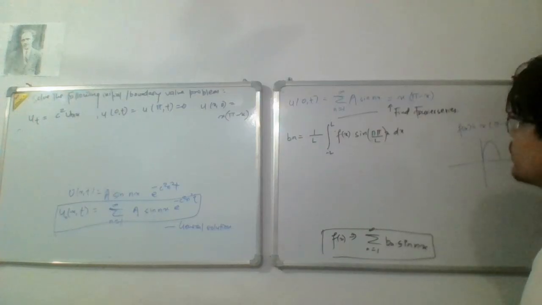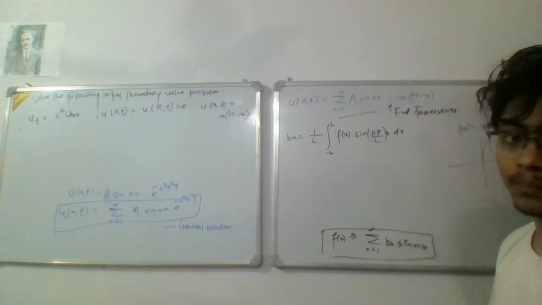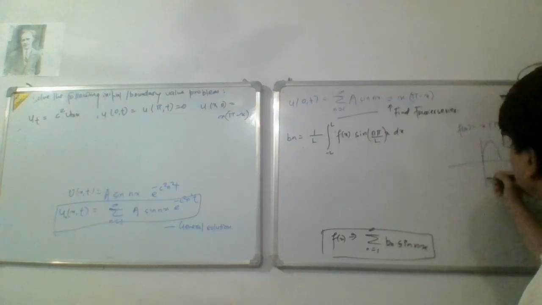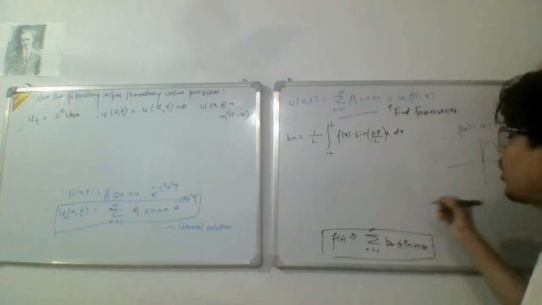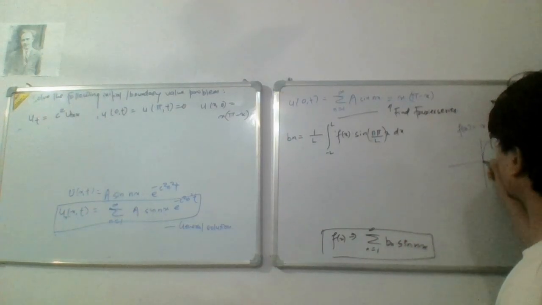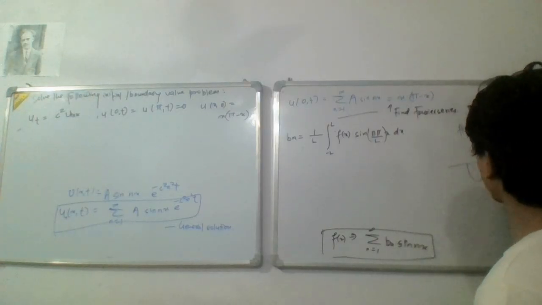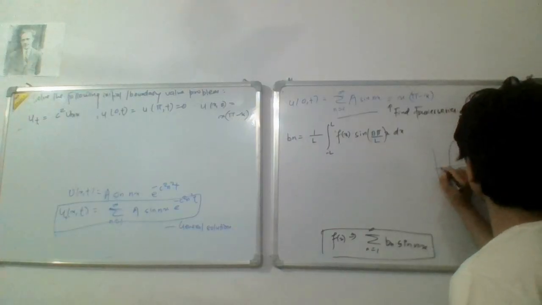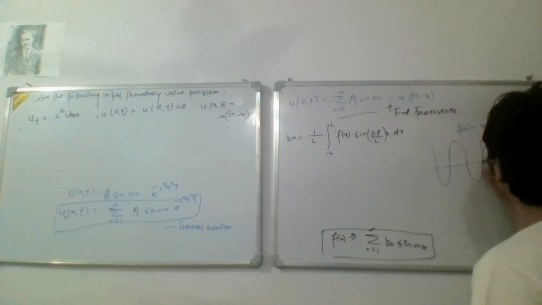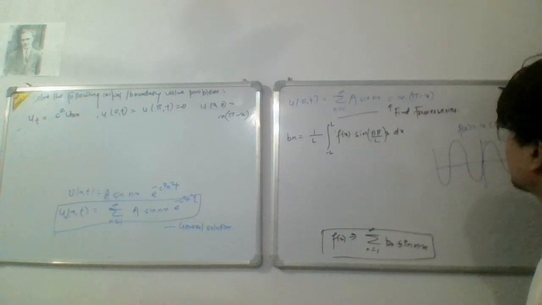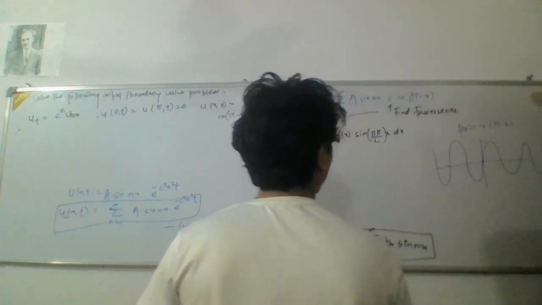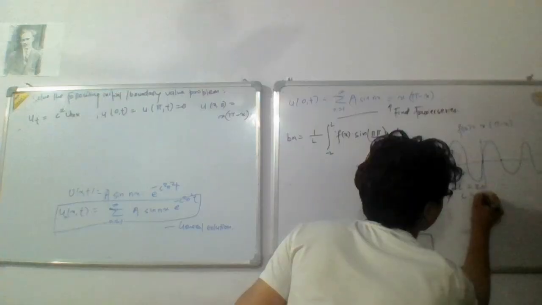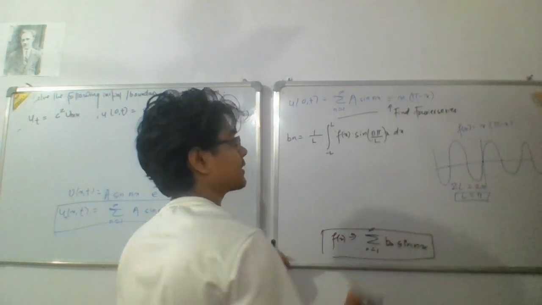Now, if you want to find the sine series, we have to make it periodic, symmetric along the origin, and periodic in this way. If you do so, then we can write 2L equals 2 pi, so L equals pi. 2 pi is the period for this wave.